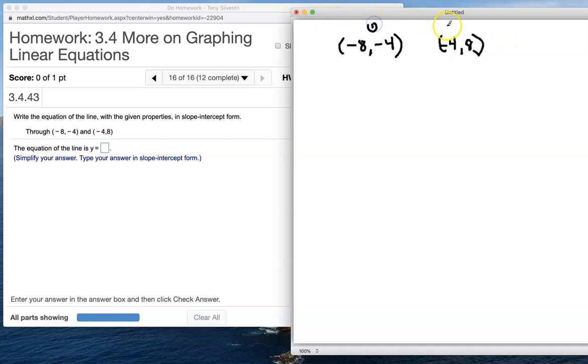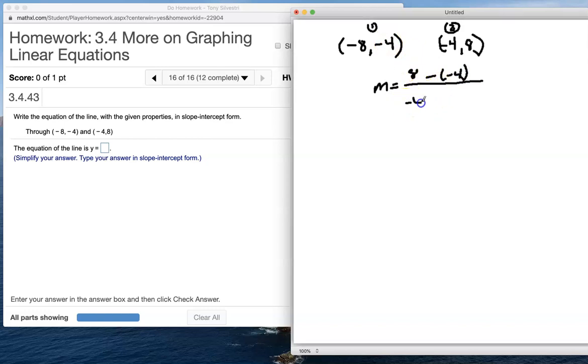What you should get out of this entire ordeal is you've got to calculate the slope. So y2 minus y1, 8 minus a negative 4. Be careful, you're subtracting a negative number.